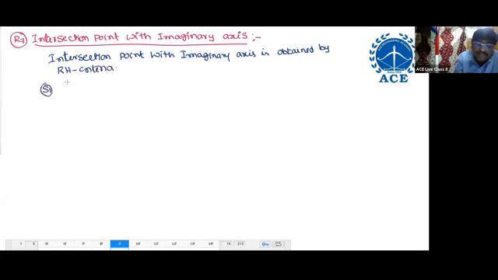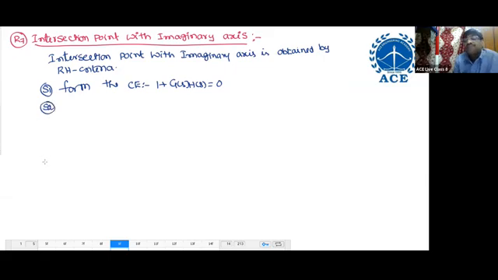Step 1: form the characteristic equation, 1 plus G(s)H(s) equal to 0.